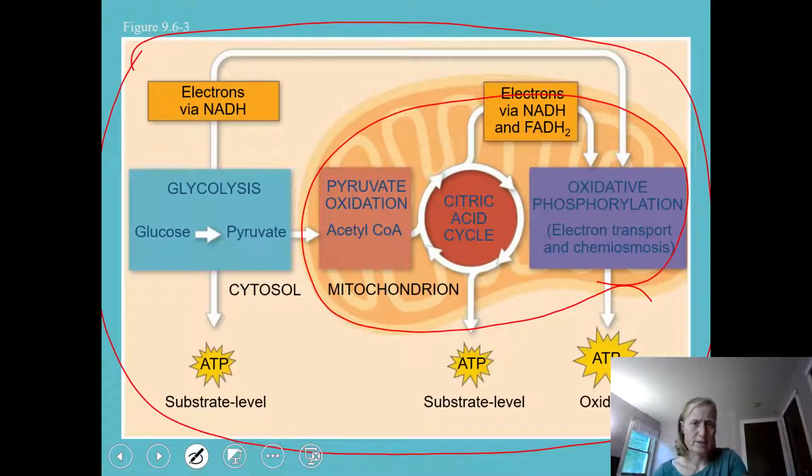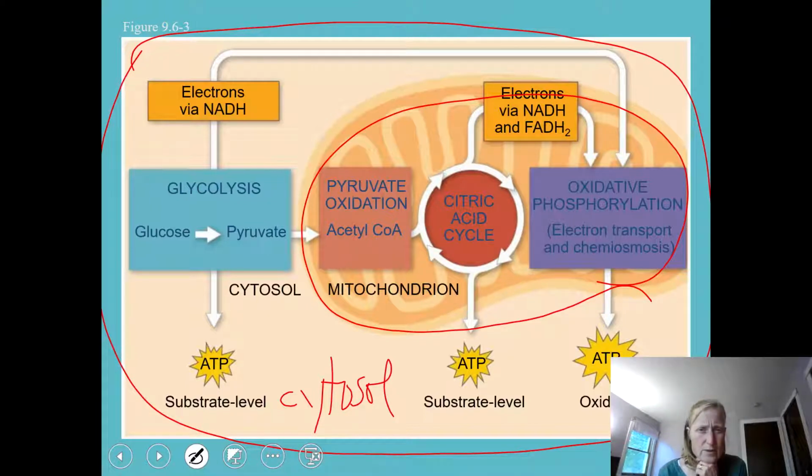And this must be the cytoplasm or the cytosol out here. Okay. And what am I seeing? Well, here's glycolysis in blue, and then pyruvate oxidation, the citric acid cycle, and oxidative phosphorylation. Those are those 3 or 4 steps of cellular respiration, right?